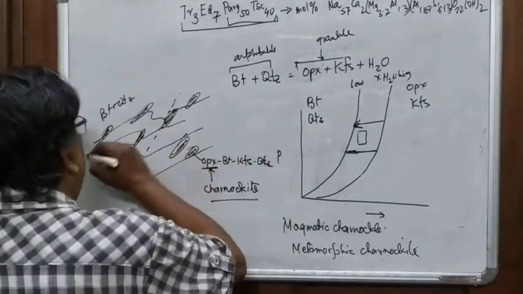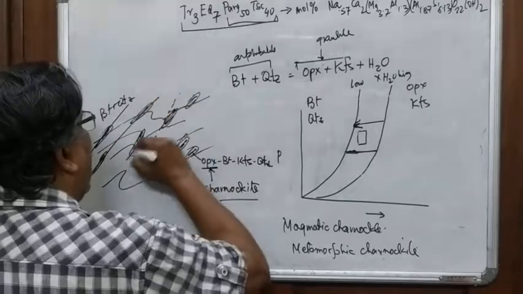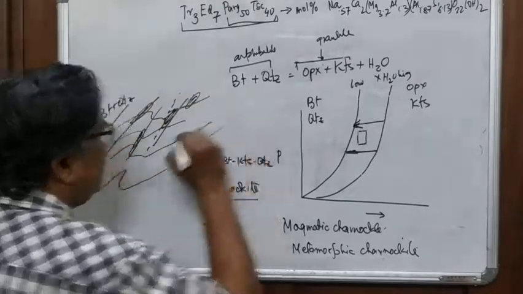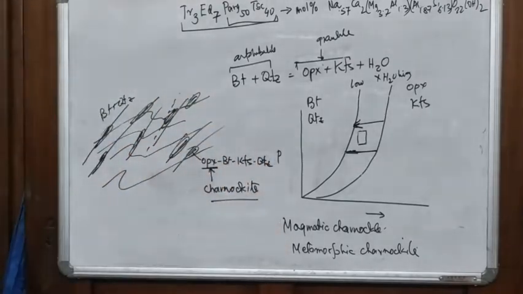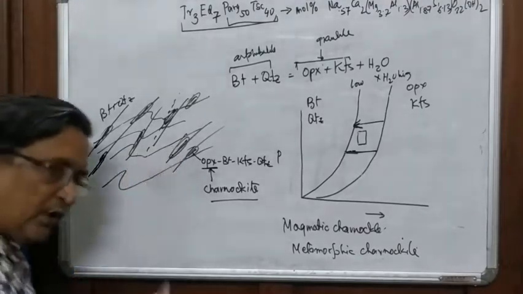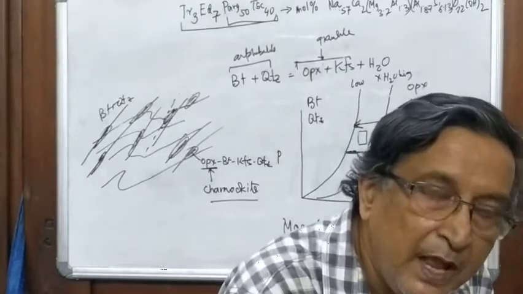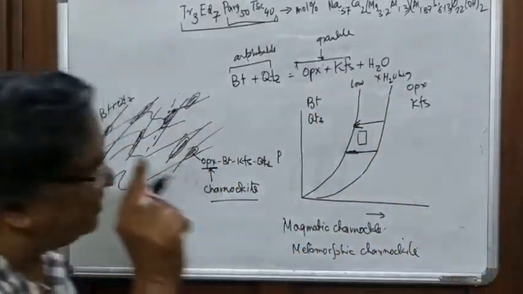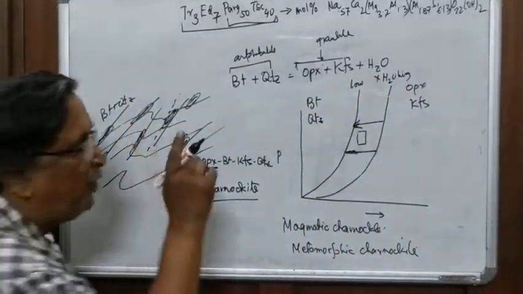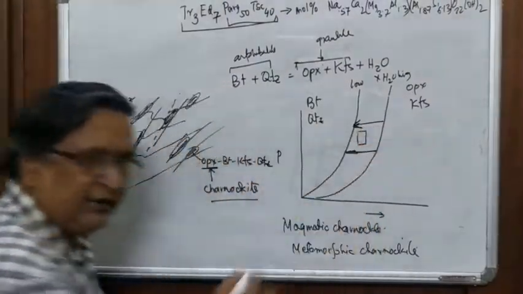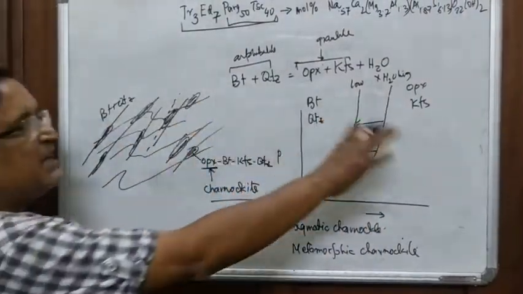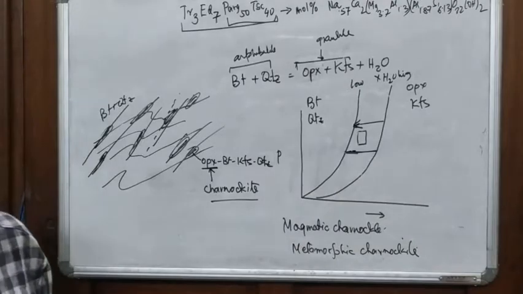So this alignment and this formation was alluded to that, okay, there was influx of fluids, but that fluid had a lower H2O than that pervaded in the surrounding rock.